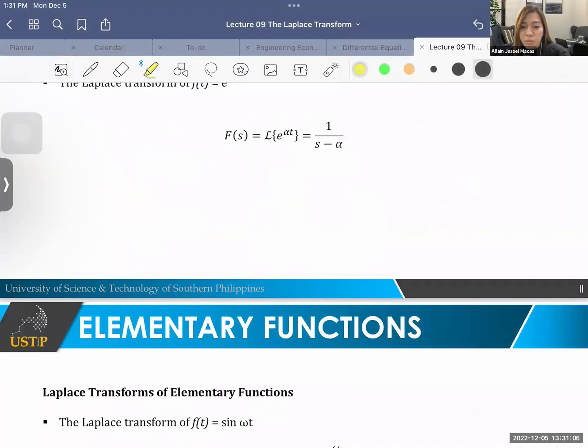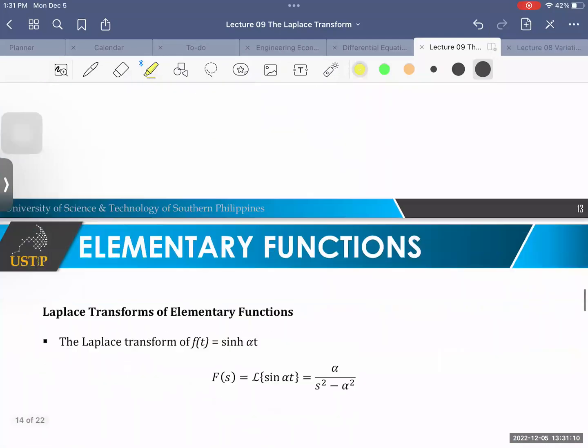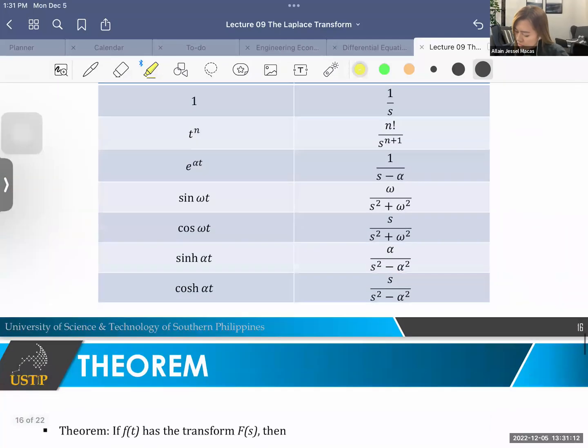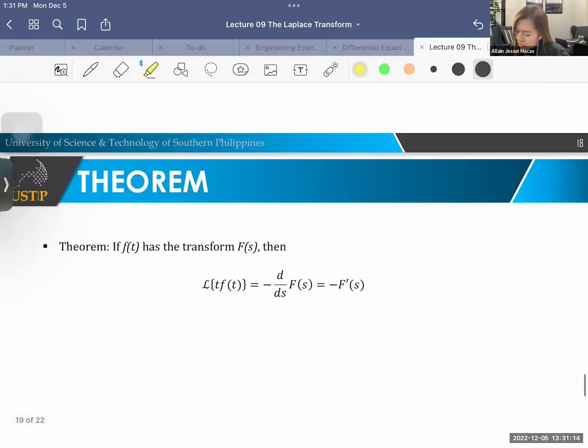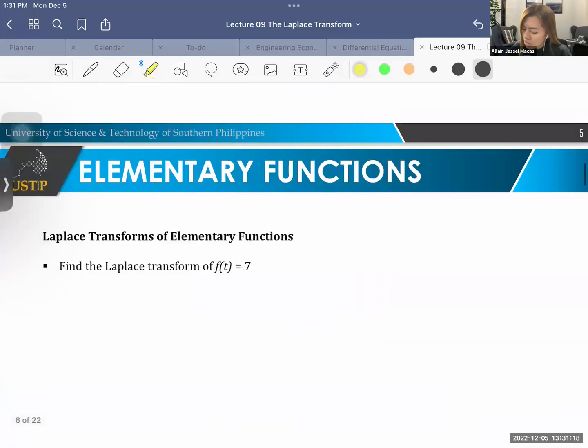Nakita ninyo sa classroom? Yes, ma'am. Okay. So, kanang assignment, lengthy lang siya, but solvable na siya, class, using variation of parameters na.